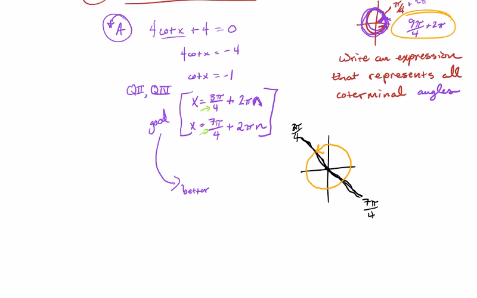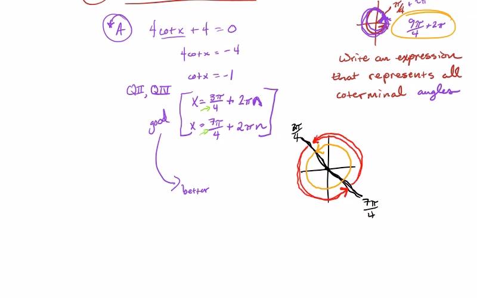But instead of adding 2 pi to 3 pi over 4, we could add just pi and get to 7 pi over 4, because pi would be 4 over 4. And then if you add pi again to 7 pi over 4, you would go back to 3 pi over 4. And then this circle would keep going if all you did was add pi.